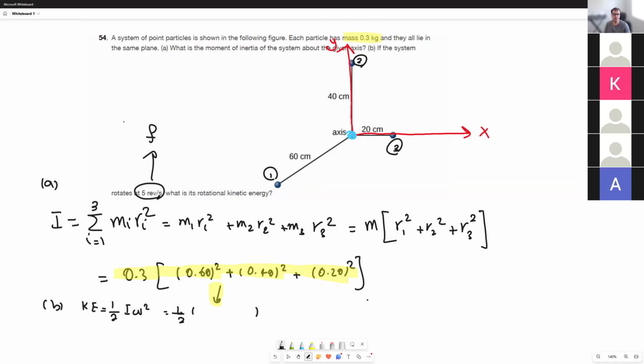And omega is going to be equal to 2 pi times frequency. So omega is going to be 2 pi multiplied by 5, that's 10 pi, and the whole thing is squared. That's going to give you the rotational kinetic energy.